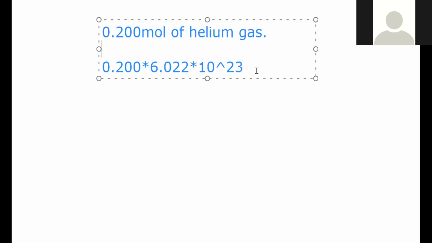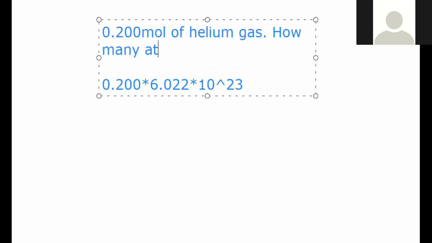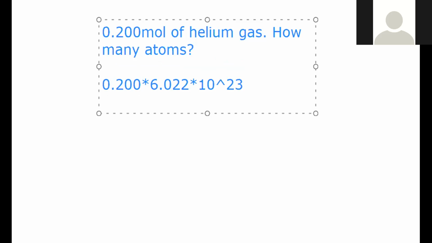We would simply take the number of moles, 0.200 moles, times Avogadro's constant, which gives us 1.21 times 10 to the power of 23 atoms.